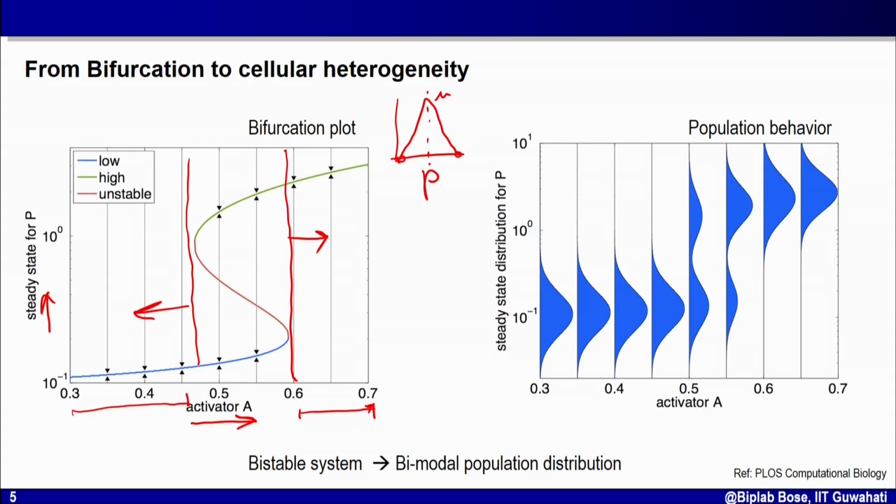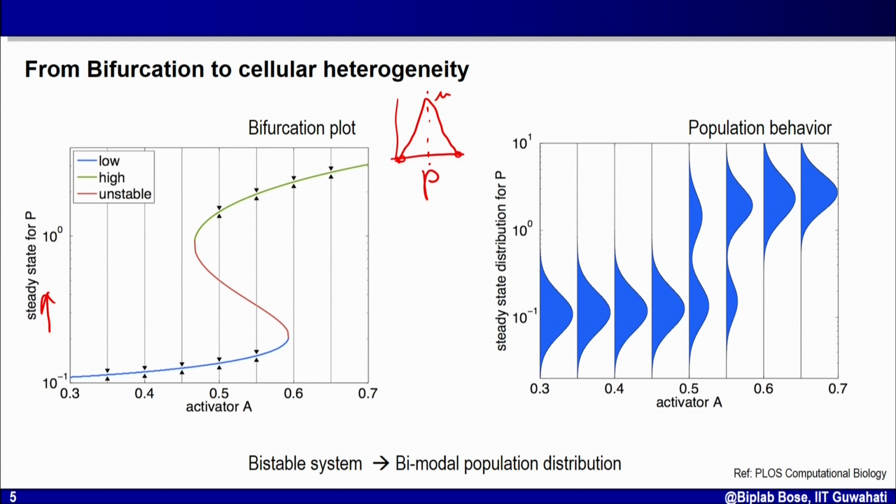You don't get a single reading for a particular protein in a population of cells, rather you get a histogram which looks like a bell-shaped histogram. So now imagine, let me clean this part a bit, it will be easier for us to understand. Suppose I am giving a signal A to a population of cells, and the value of that signal is 0.4 here.